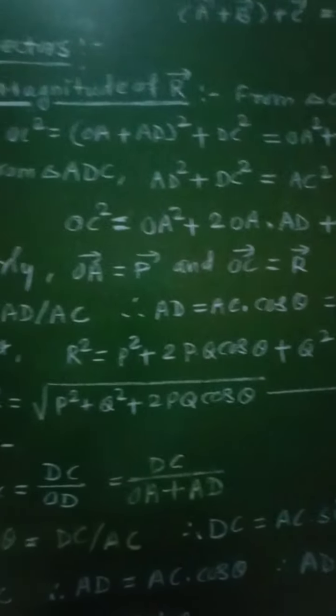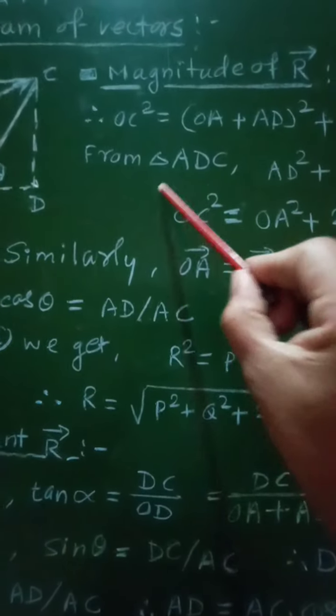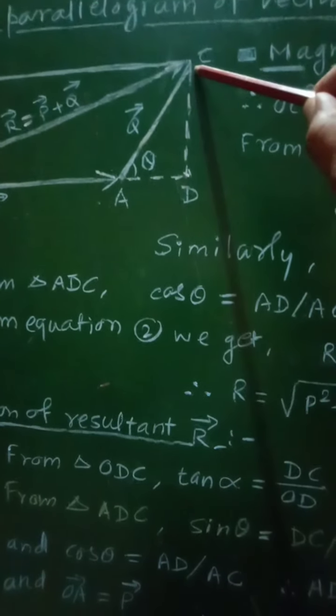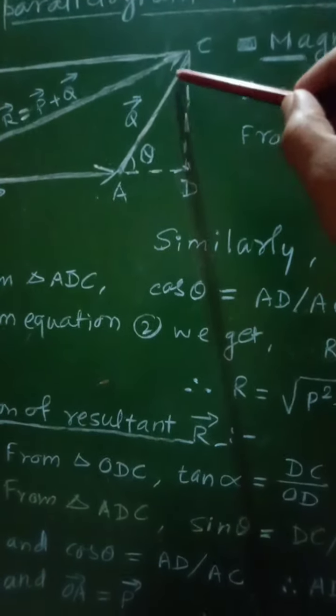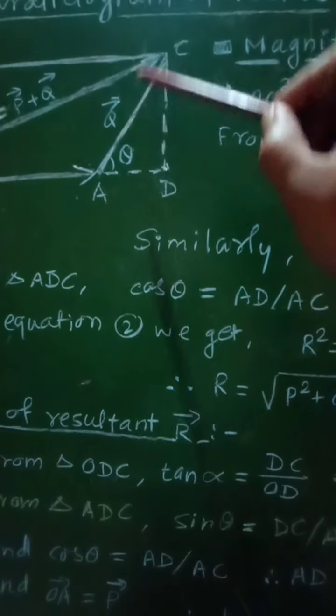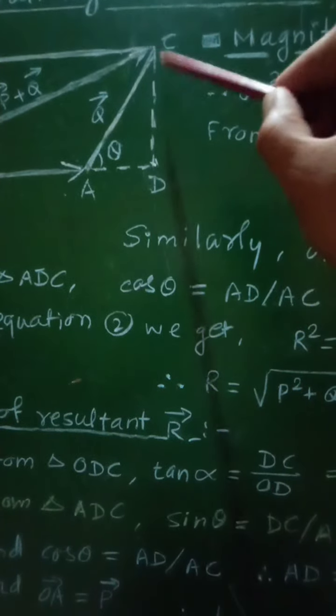Now again consider the triangle ADC. This is again a right angle triangle. Again use Pythagoras theorem, and we will get AC square equal to AD square plus DC square.